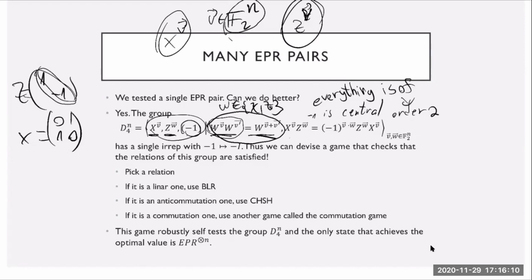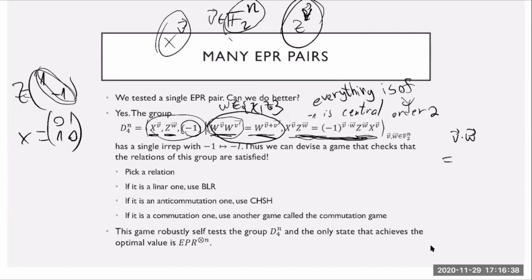And you have this weird skew commutation relation, which states that if you multiply X to the v by Z to the w, it's exactly the same as Z to the w times X to the v, but you need to take -1 to some power. What is this power? v dot w is just the dot product of v and w.